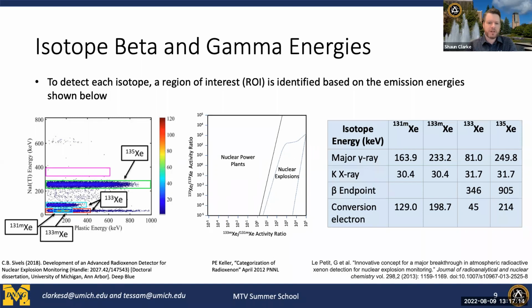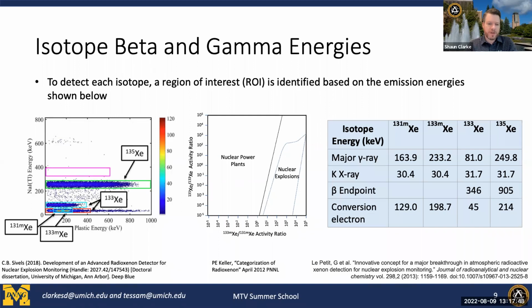Okay, so plotting here is the ratio of 135 to 133 versus the ratio of 133M to 131M. And when these data are plotted in this way, the samples from nuclear power plants nicely separate themselves from the samples from nuclear explosions. So you can see the 2 regions on that plot in the middle. That line, the diagonal line toward the right of the plot, is just meant to show the discrimination of these 2 regions.